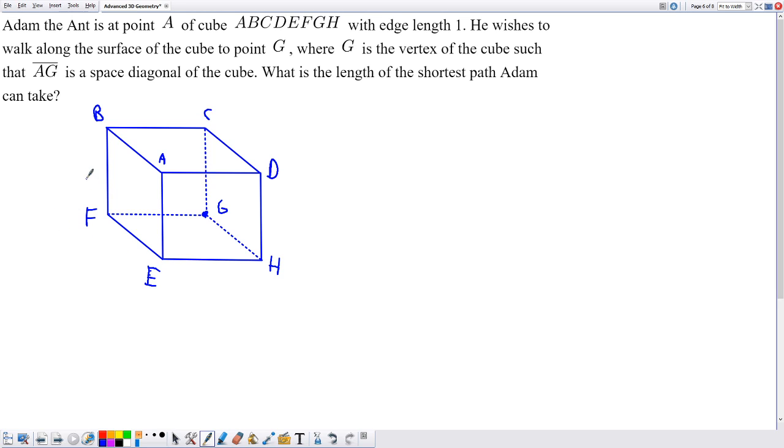Okay. What is the shortest path that the ant Adam can walk from A to the point G along this cube? Well, if he's walking along the surface, it's kind of hard to imagine what it's going to look like.